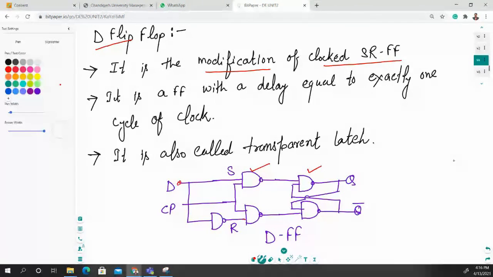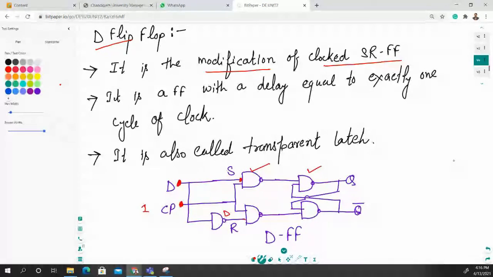As you can see, you have only one input D and one clock pulse you provide right here. When you apply this input toward this first AND gate, it gives you output when this clock pulse is high, or we can say clock pulse is 1. After this input, you have to invert your D value.